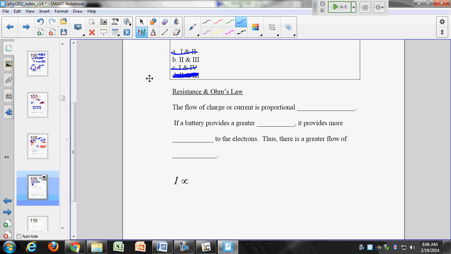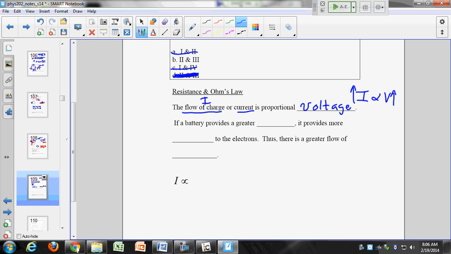Okay, so the flow of charge, which we defined as current, is proportional to the voltage. That is just to say that the current is proportional to the voltage. If the voltage goes up, you're putting more energy into those electrons, and that causes them to flow at a faster rate.